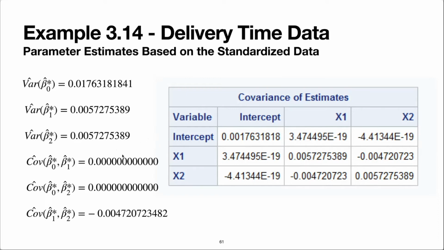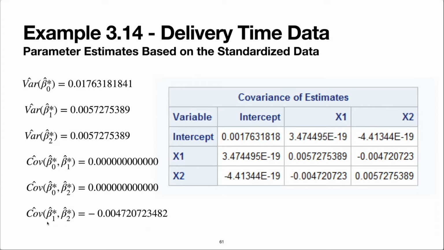The estimated covariance of beta 0 star hat and beta 1 star hat is given by this value, and that's 0. That's what we got also when we calculated it by hand. The estimated covariance of beta 0 star hat and beta 2 star hat we found to be 0 when we calculated it by hand, and it's empirically equal to 0 in this estimated covariance table as well.